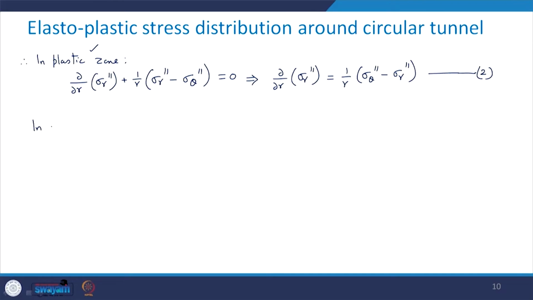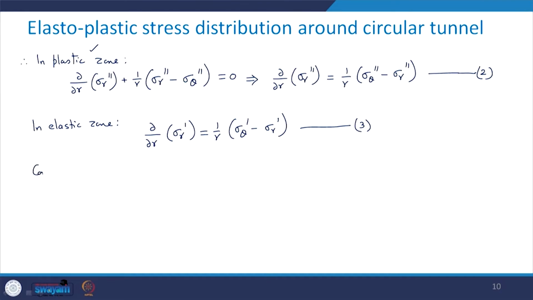What will happen in case of the elastic zone? Similarly, I can apply that equation of equilibrium. So, we are going to get del r of sigma r prime equal to 1 upon r times sigma theta prime minus sigma r prime, that is equation number 3.